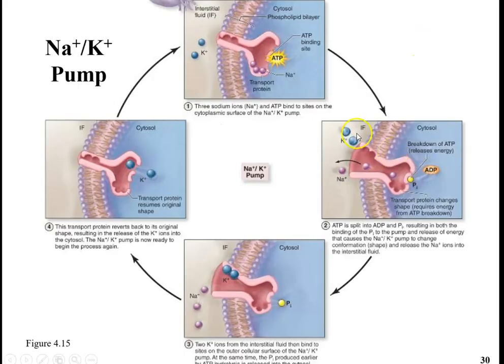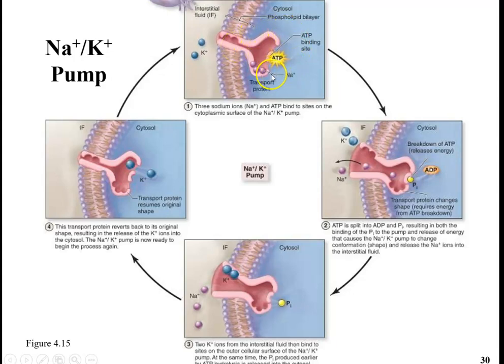So what that looks like, here's step 1. You have your sodium-potassium pump here. It has 3 places for sodium to bind to and 2 places here for potassium to bind to. This is the cytosol, this is the interstitial fluid, and here's some potassium on the outside of the interstitial fluid. You can see it cannot bind to these sites yet. This pump needs to change shape for it to do so.